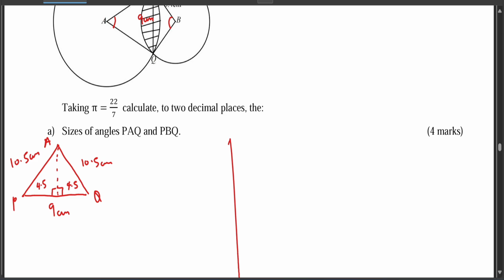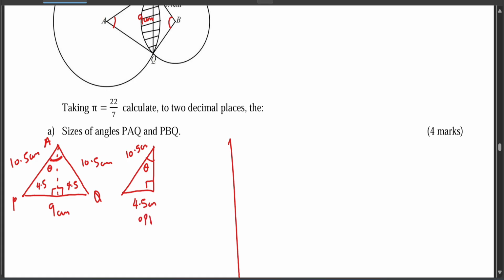Now I need to find this angle. After finding this angle, I'll multiply by 2 so that I can find the whole angle. So if you see this, it looks like a right angle triangle, and therefore you're going to use SOHCAHTOA. You have the hypotenuse, and the side opposite to that angle.